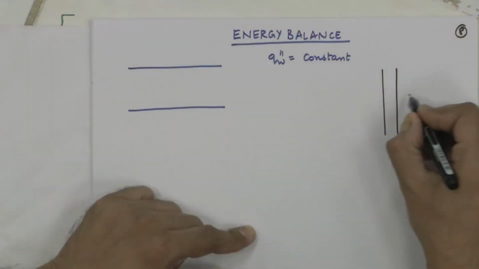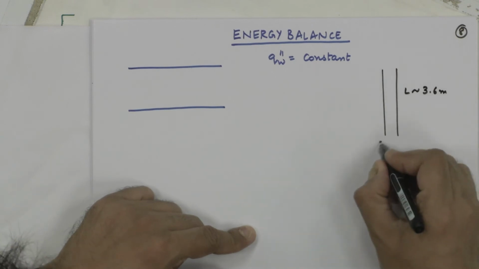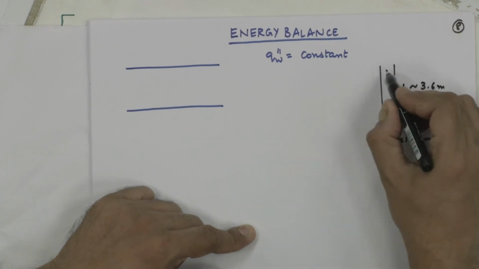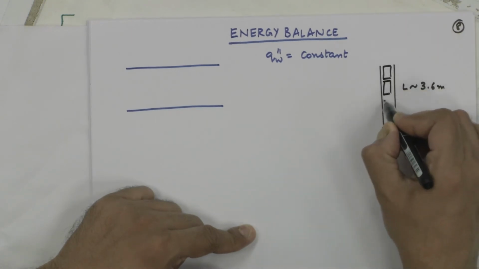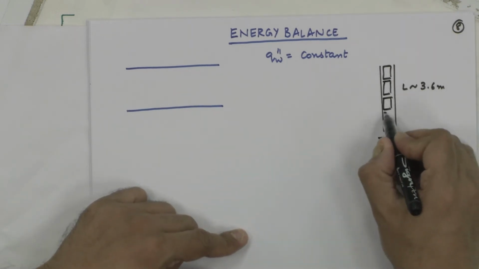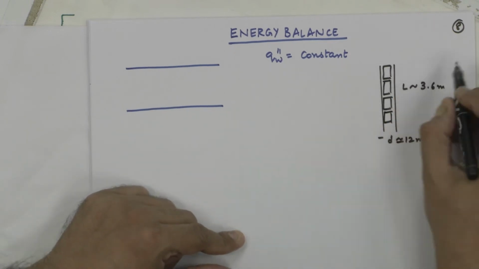So, many times, for example, if you take a nuclear fuel rod, okay, this is a nuclear fuel rod, length is of the order of 3.6 or 3 meters, diameter is of the order of 12 millimeter. This contains fuel elements or fuel pellets, like cylindrical bullet-like structures which are fitted here, which are filled into a pipe, and this is your fuel rod.